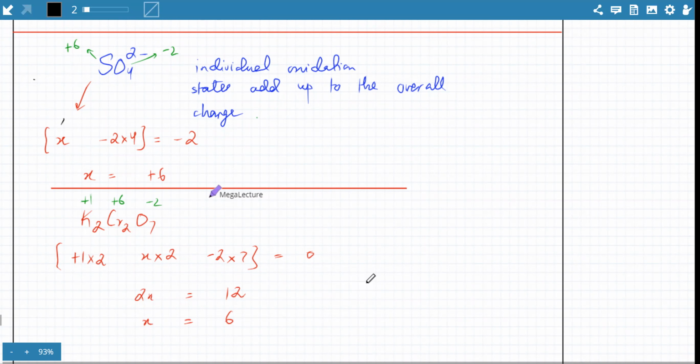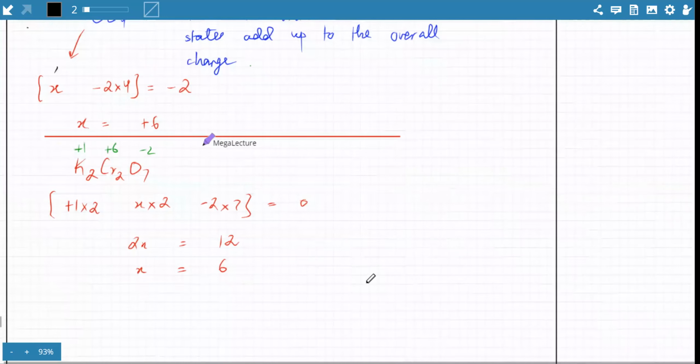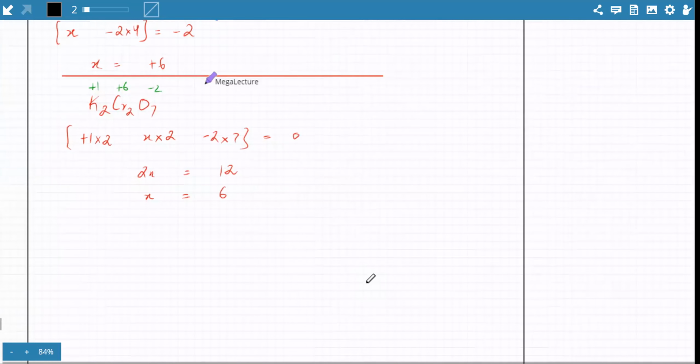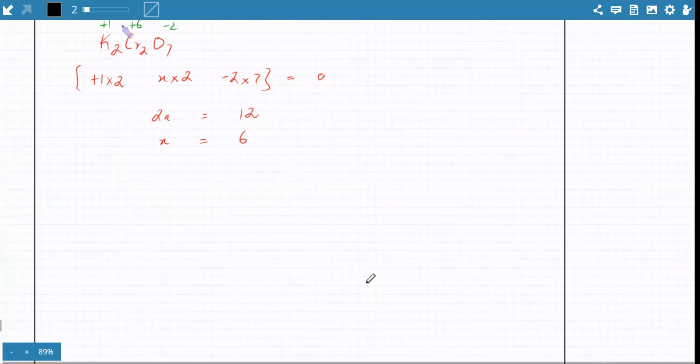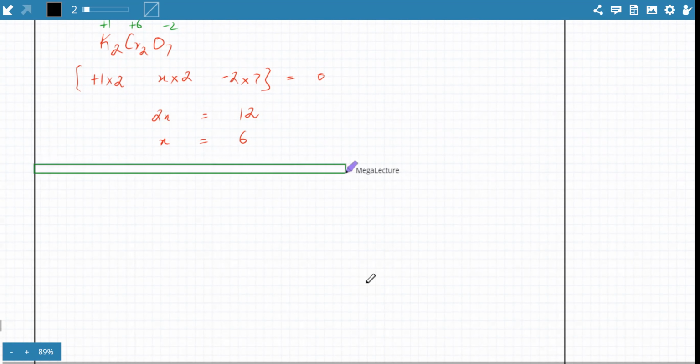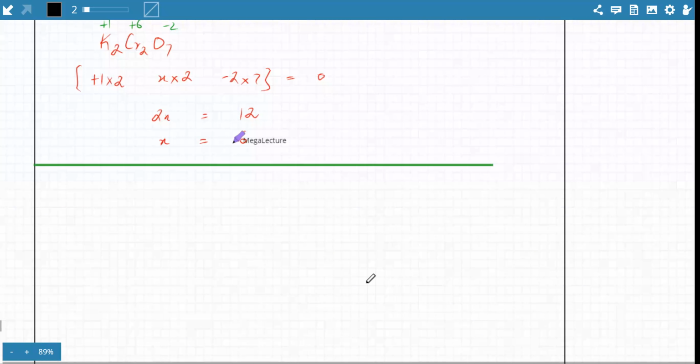You must know how to figure out the oxidation state. I'll just give you some idea. Be careful about a few things. Specifically, when you're trying to find oxidation states this way, make sure to treat polyatomic ions separately.